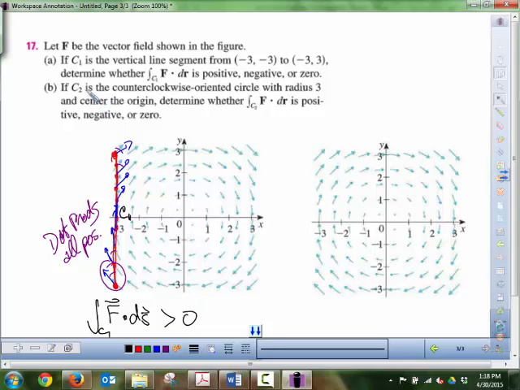All right. C2 is a counterclockwise oriented circle with a radius 3 and centered at the origin. So now let's do C2, counterclockwise, radius 3.